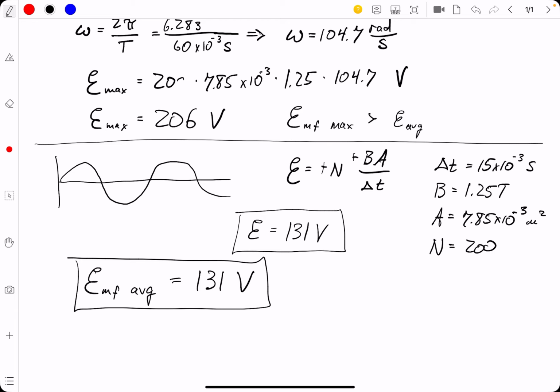So we're comparing our EMF average with this EMF max. And of course, that comparison leads us to our max has to be always greater than the average. Okay? And that's where the average came from, what we just did. All right, so let's get back to our continuing fun.